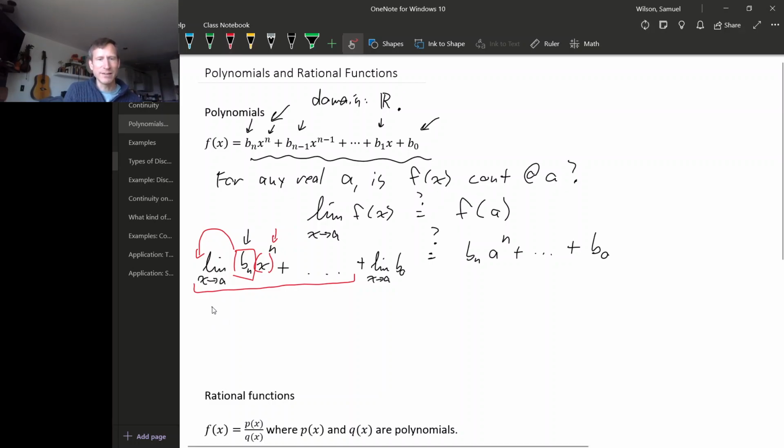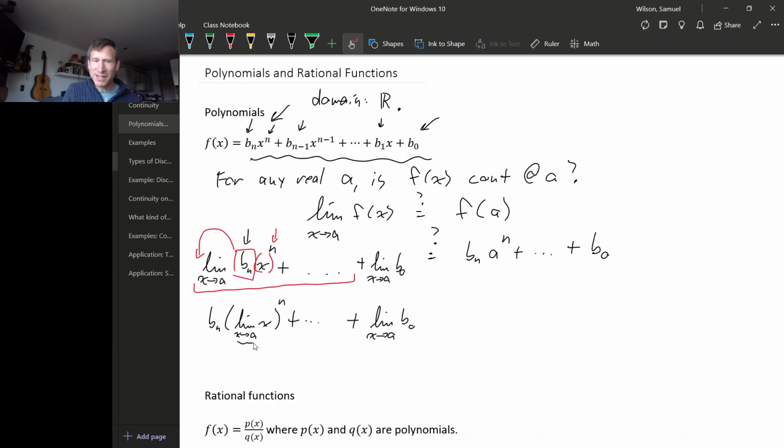So what we get is b sub n times the limit as x goes to a of x to the nth, plus the same thing for the n minus first term, and the n minus second term, all the way down to the limit as x goes to a of b sub 0.